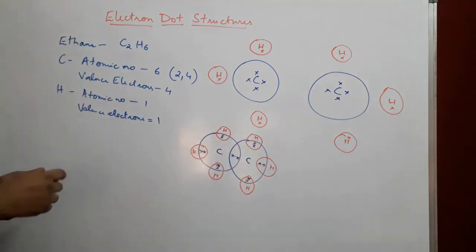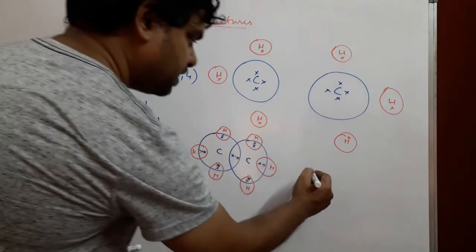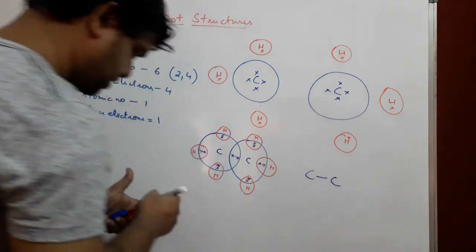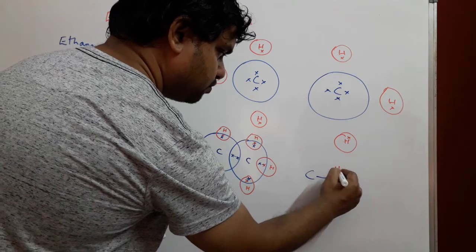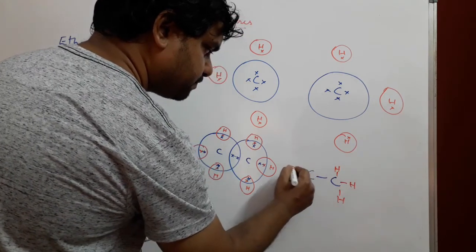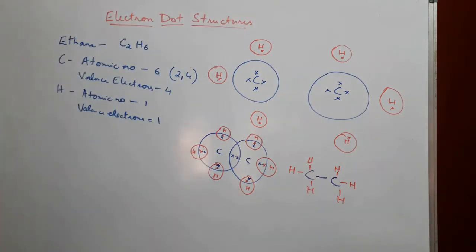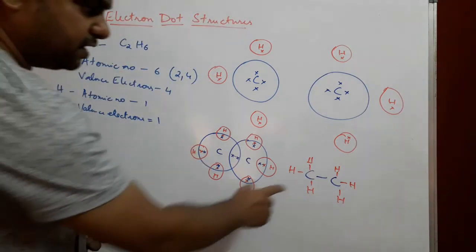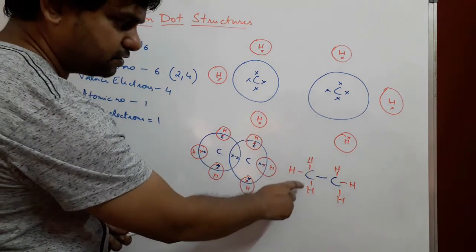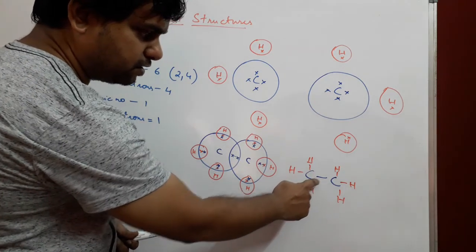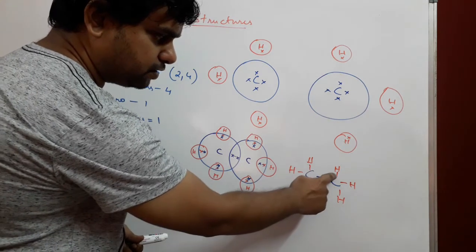Structurally, if we draw this diagram, it will look something like this. These two carbon atoms, and we have 3 hydrogen atoms bonded to each carbon atom this way. Each carbon atom should have 4 bonds, so we get those bonds 1, 2, 3 and 4. Similarly, this carbon atom 1, 2, 3 and 4.